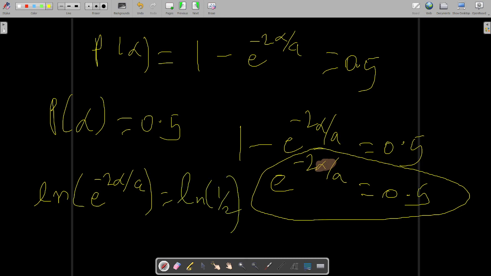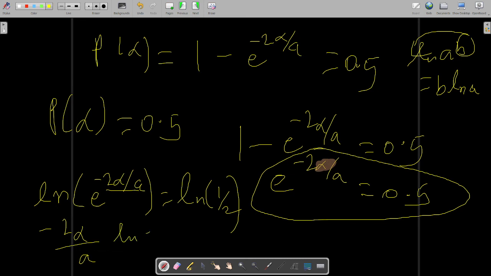Now you know this very well that ln a to the power b is b ln a. This term in the power will come forward. Now what is ln e? ln e is equal to log to the base e, so it is equal to 1.